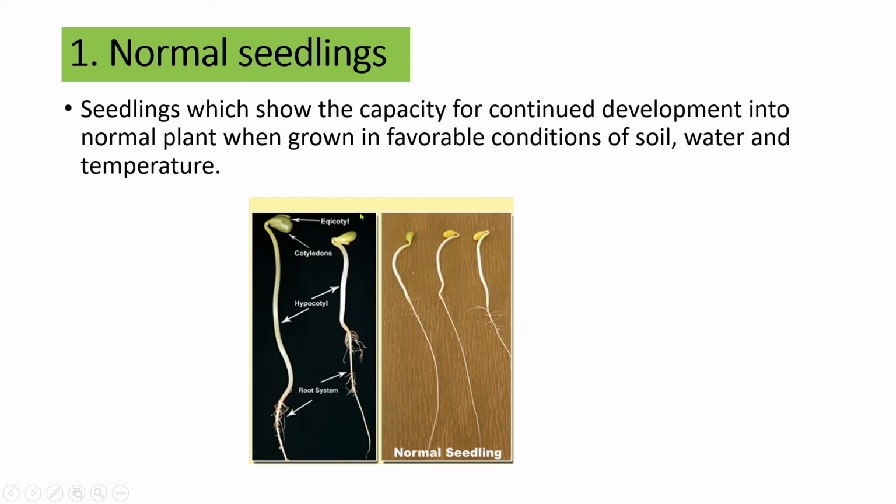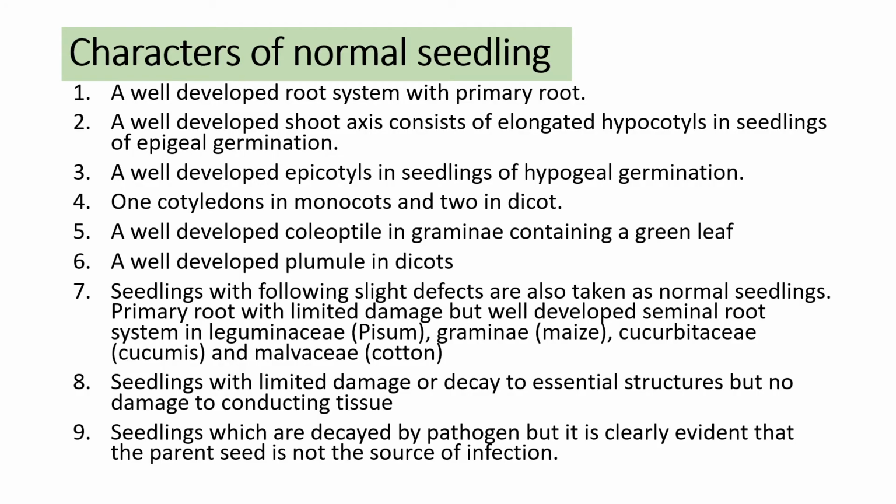Normal seedlings are those which show the capacity to continue development into a normal plant when grown in favorable conditions of soil, water, and temperature. In this case, proper growth and development and length of the seedlings is necessary, along with lack of decay and lack of disease infestation.